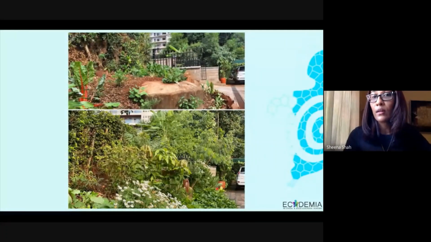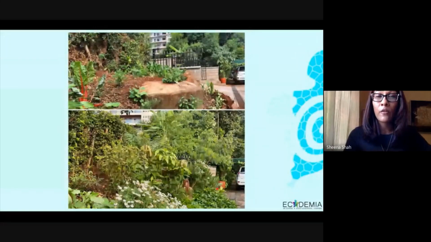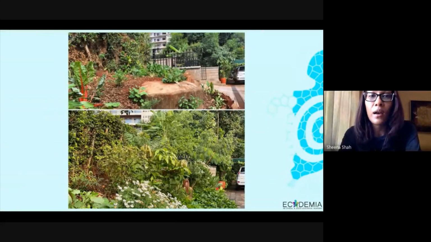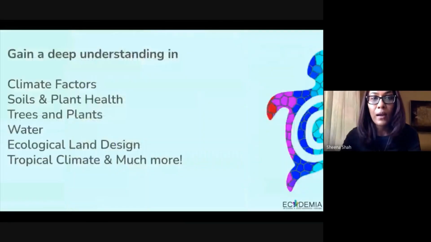This is just in an urban area, and many of us are in an urban space, those that are going to be taking this course. So we will be diving into so many different topics to get you to this place where you will also have an enjoyable place to work from, go to every day once you start implementing that.